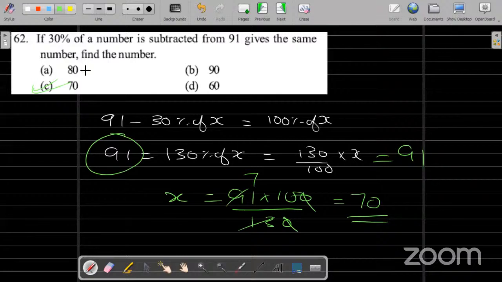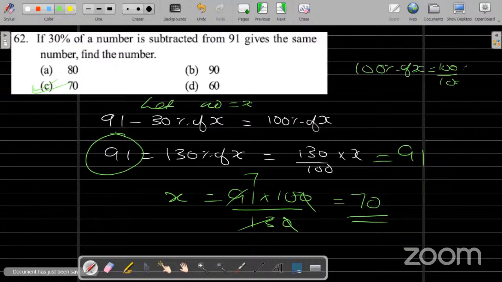30% of a number is subtracted from 91, gives the same number. Let the number be x. 91 minus 30% of x gives the same number. Same number means 100% of the number. 100% of x will be 100 by 100 into x.